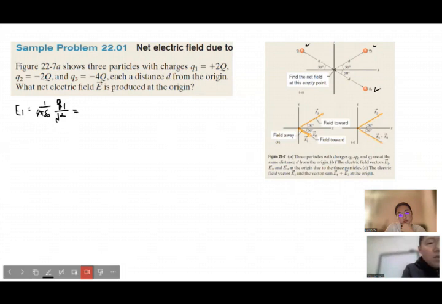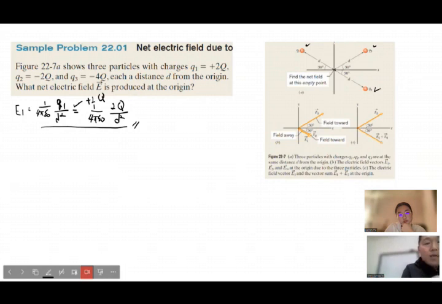Now Q1 is plus 2Q, so you can replace Q1 with 2Q. So that is 1 over 4 pi epsilon naught times 2Q over d squared. That is the electric field from Q1 at the origin.